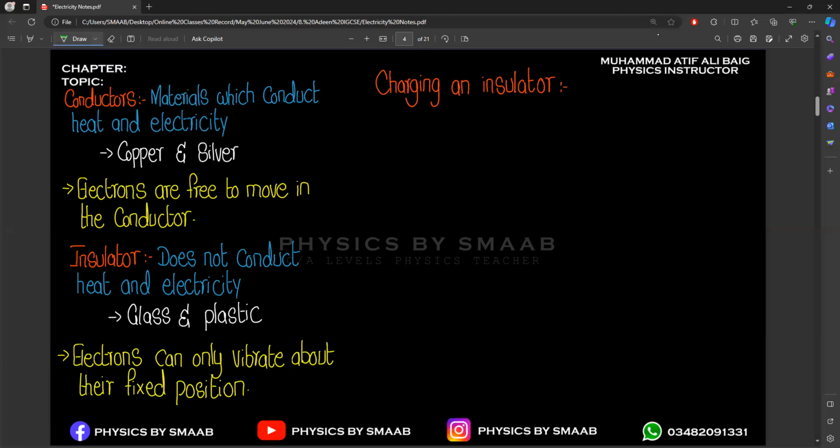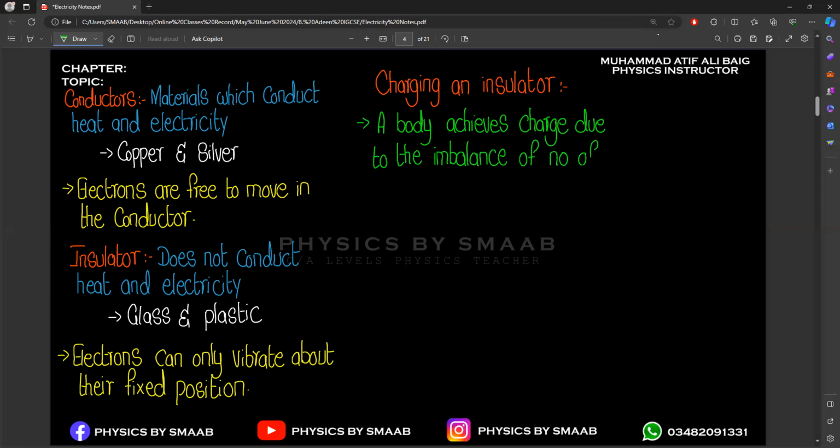And what is the meaning of charging an insulator? The word charging means when a body achieves charge due to the imbalance of the number of protons and electrons.